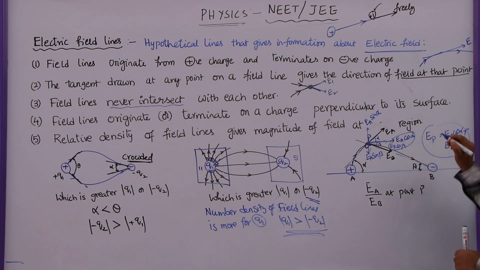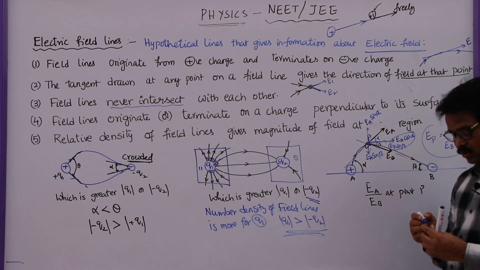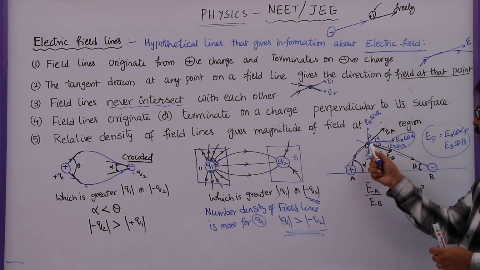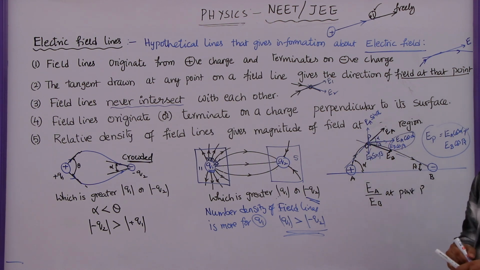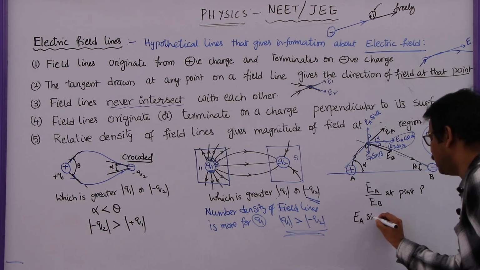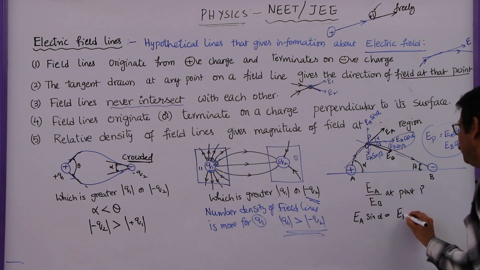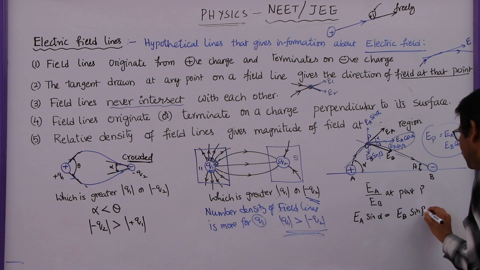So I can write EP, electric field at point P. But what about the ratio between these two at point P? To get the ratio, if you observe this diagram, EA sin alpha is exactly equal to EB sin beta. These two are equal and opposite to each other. So we can write EA sin alpha is equal to EB sin beta.